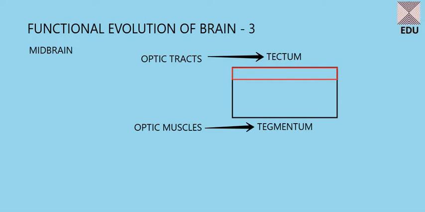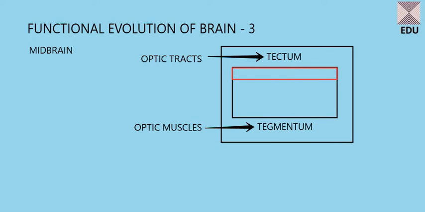These different muscles rotate the eye in a particular direction. These optic muscles have a connection with the tegmentum, the ventral part of the midbrain. So the whole midbrain is in relation with the optic tracts and the optic muscles, and so it is very much in relation with the vision of the animal.